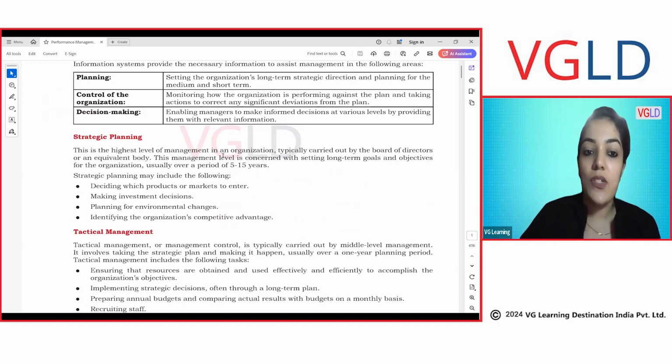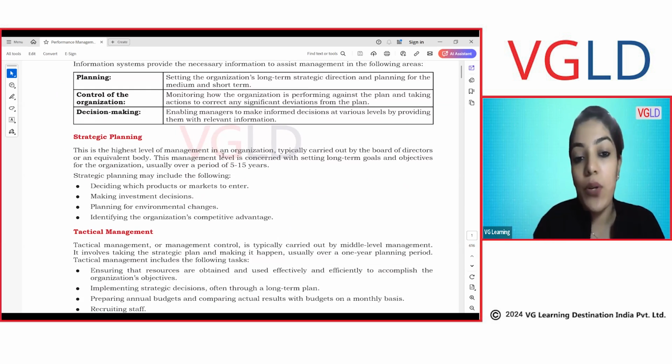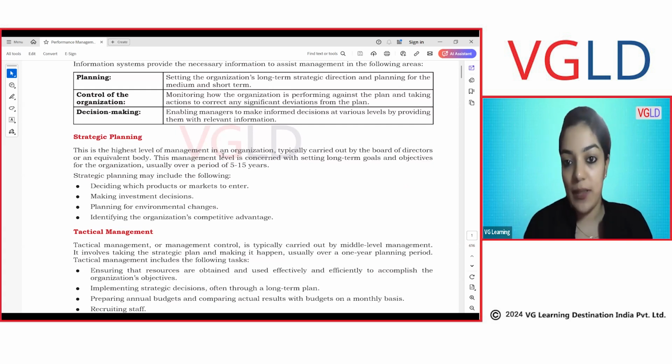Next, strategic planning. This is the highest level of management in an organization, typically carried out by the board of directors or an equivalent body. This management level is concerned with setting long-term goals and objectives for the organization, usually over a period of 5 to 15 years. Now, imagine the board of directors of the company, they are the highest level of management in an organization, and they are tasked with doing strategic planning.